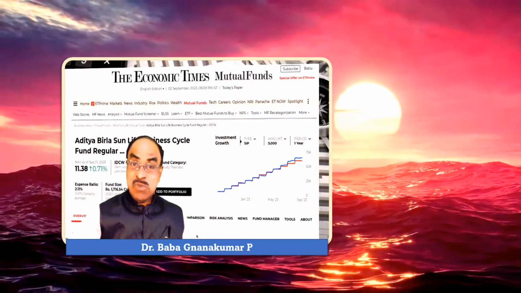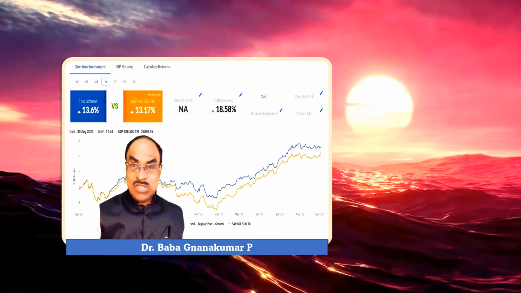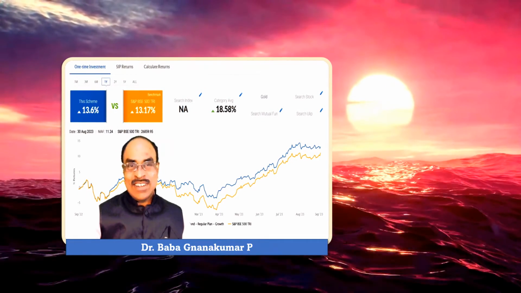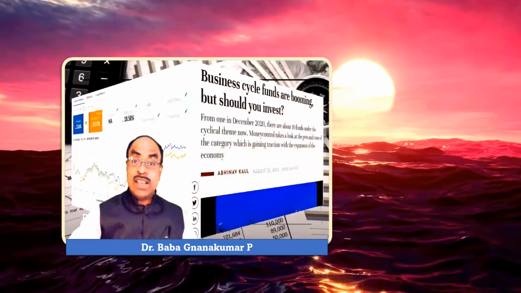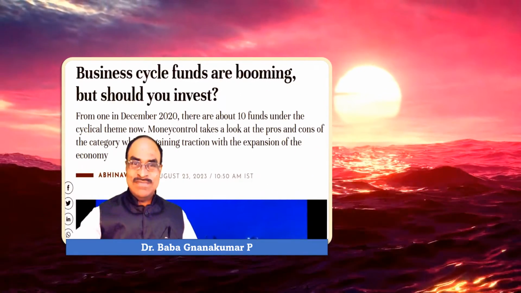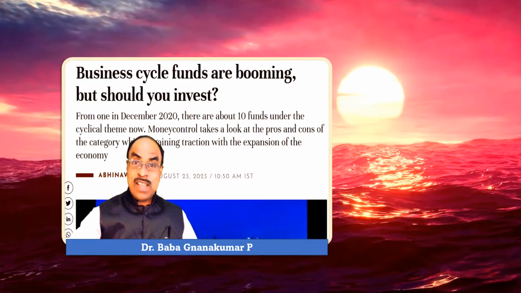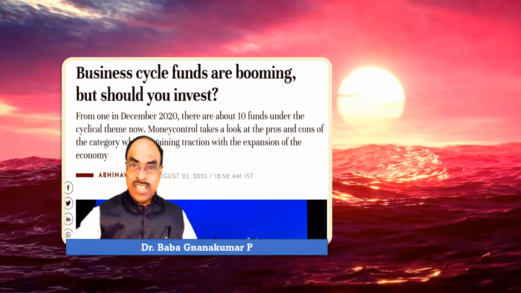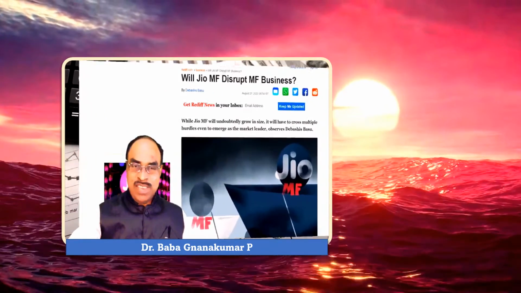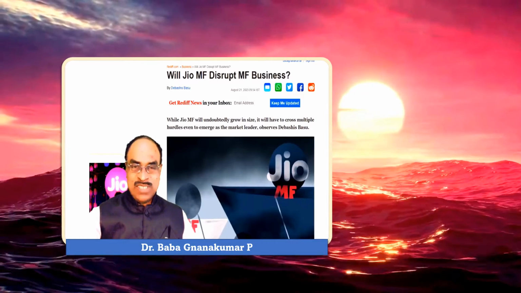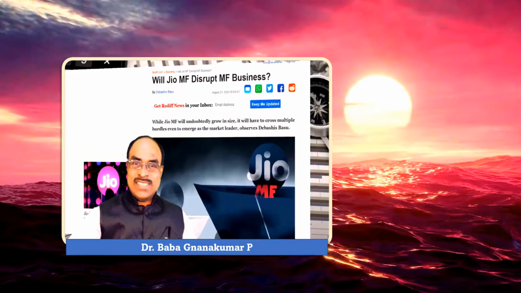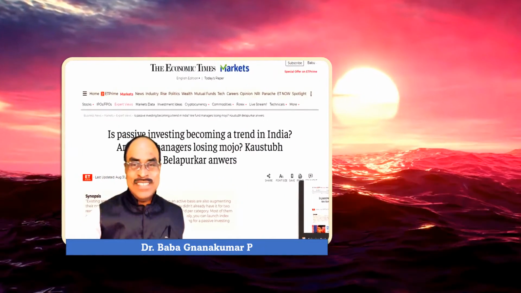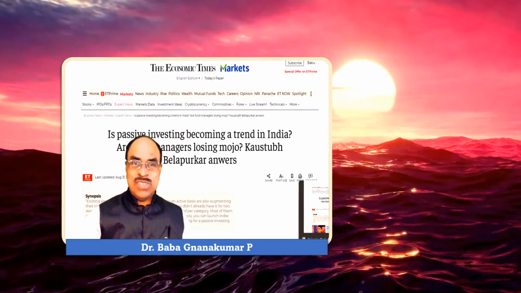They are the mutual funds that invest in stocks or sectors that are likely to benefit from the recovery in the economy. The economy of a country grows and shrinks at distinct periods based upon the business cycle. These business cycle funds identify these investment opportunities.